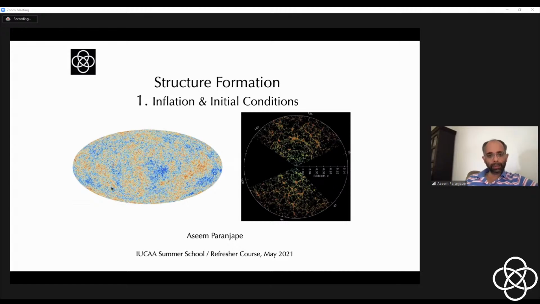This is a snapshot of the universe as it was when it was around 400,000 years old. And this is a snapshot of the late time universe when it is around 13.7 billion years old. So we would like to know how the universe went from looking like this to looking like this. And that is broadly what structure formation is all about.